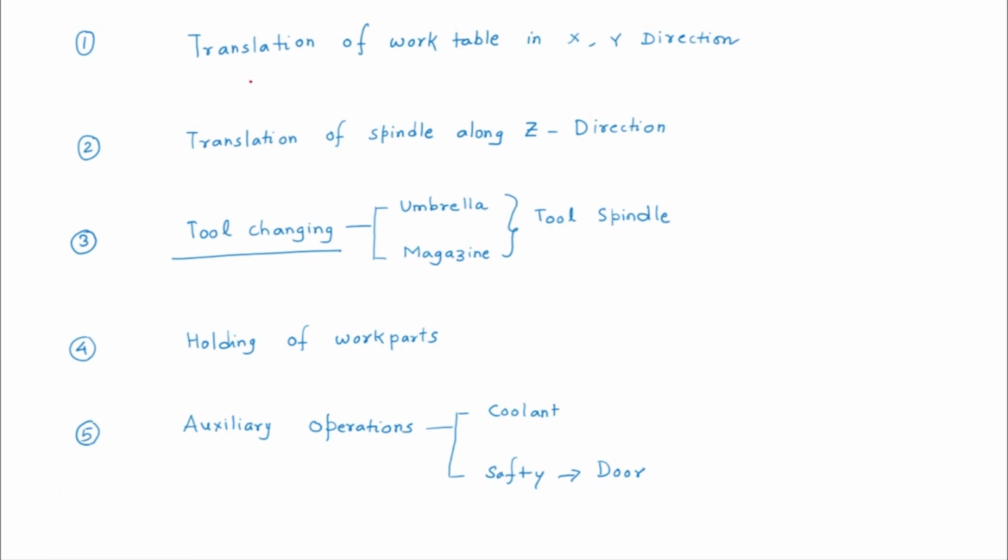So in CNC milling operation, the translatory motion of the work table will be generated by the machine control unit, that we call MCU. It is giving signals to the servo motor.